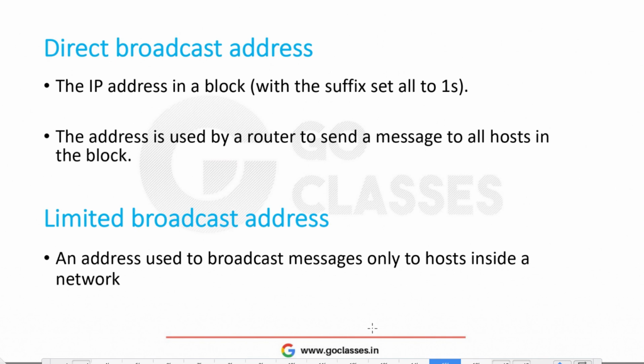Now there are two more special addresses. One is the directed broadcast address, or direct broadcast address, which is basically the last address of the network.